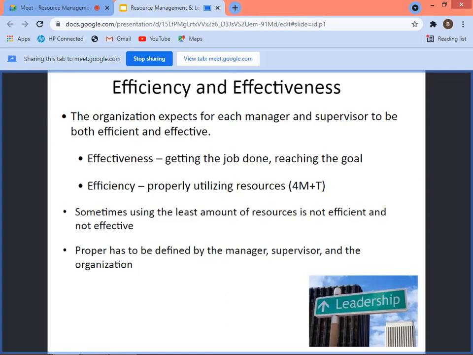Sometimes using the least amount of resources is not efficient and not effective. If you're doing lean management and you're just cutting cost, that's not good. You're not going anywhere. You're not growing, because you need resources. That's the blunder of most managers and leaders. They try to cut costs. They reduce the manpower, thinking they will be successful in lean management, lean manufacturing.